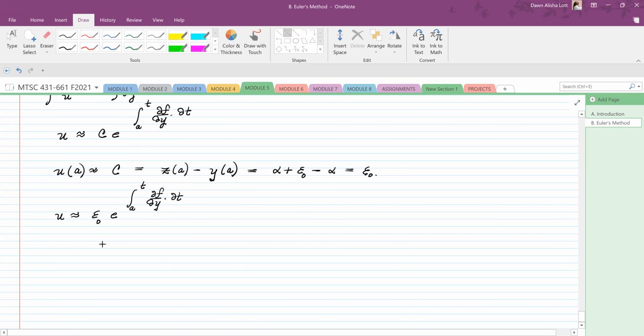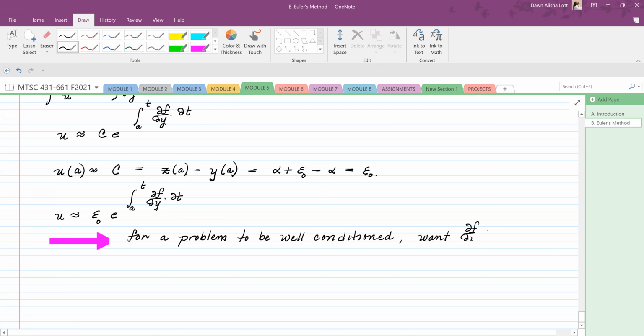So what does that mean? That means for a problem to be well conditioned, we want the partial with respect to y to be negative, because we don't want this to grow. We do not want u to grow.